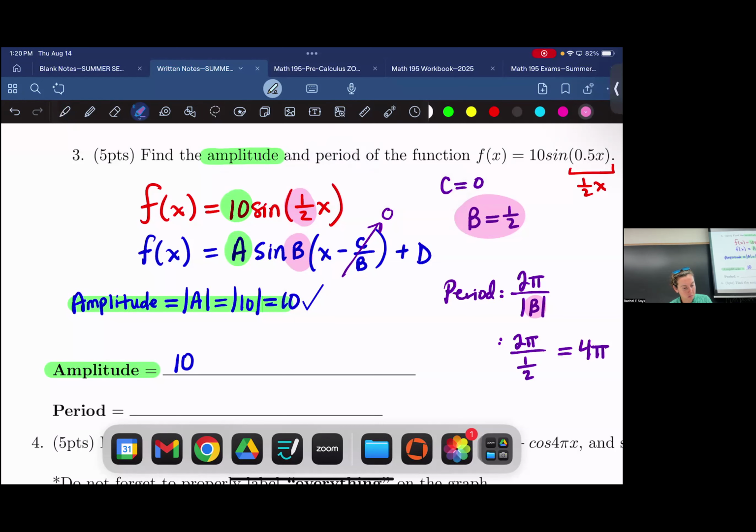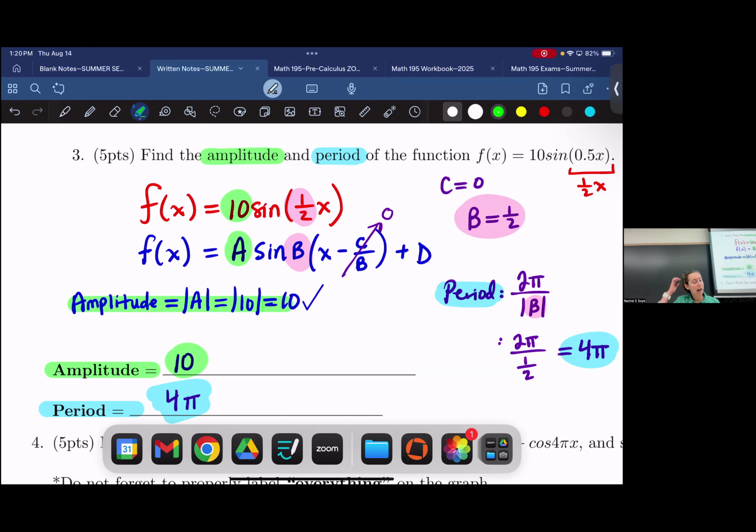Why don't we use blue? Because b is light pink, blue is our period. And we're done. Any questions on this one?